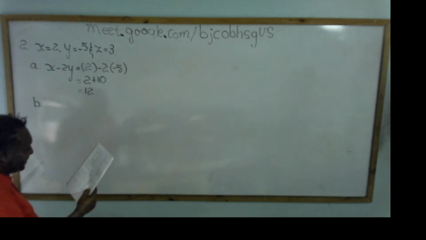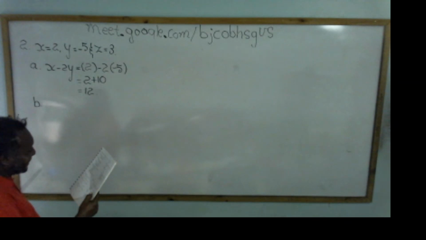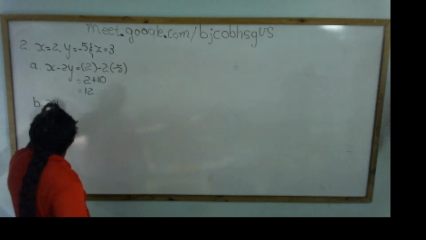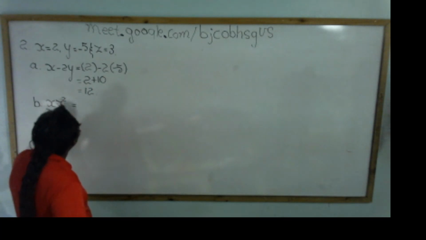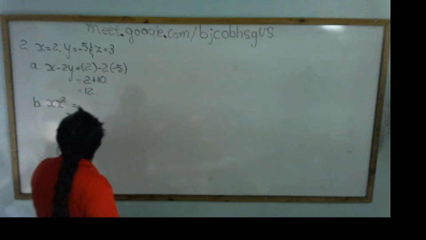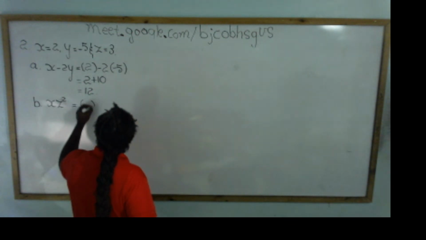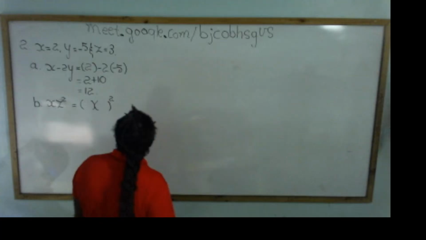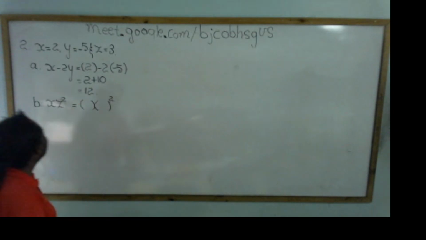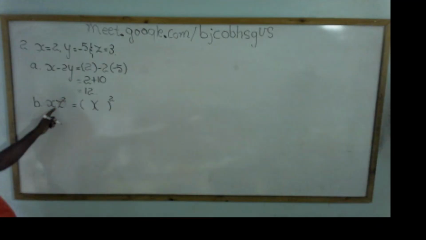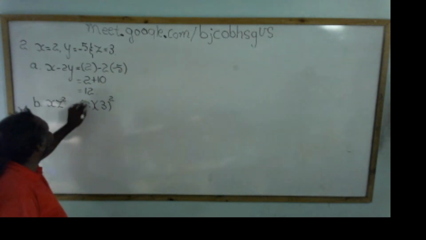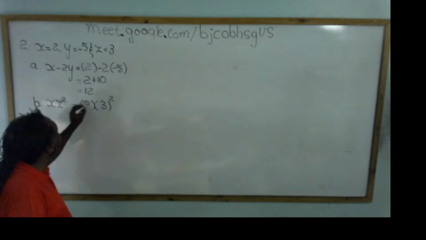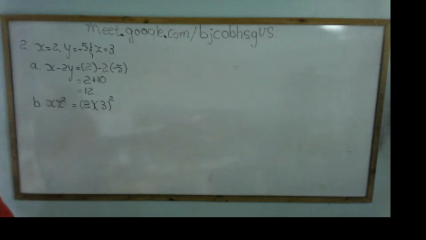B, xz squared. Now students, when you are solving a problem, sometimes you should ask yourself the question, why would they give us a problem like this? So xz squared is what? 2 times something squared. So you do a template that looks like the expression, then you put your values in: 2 for x and 3 for z.